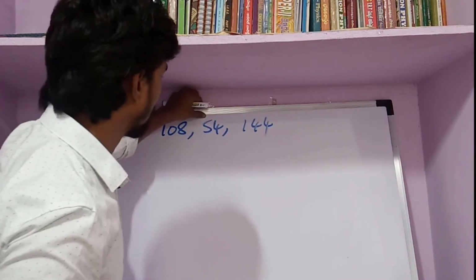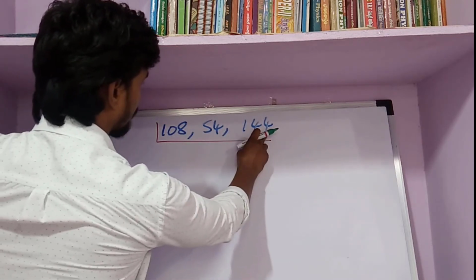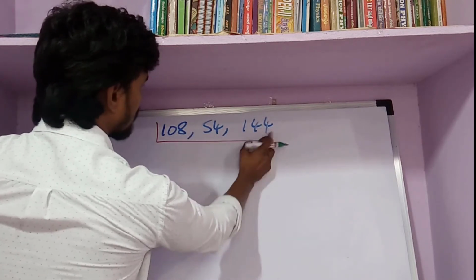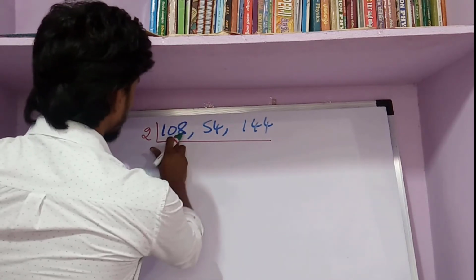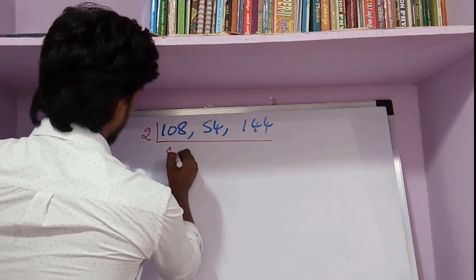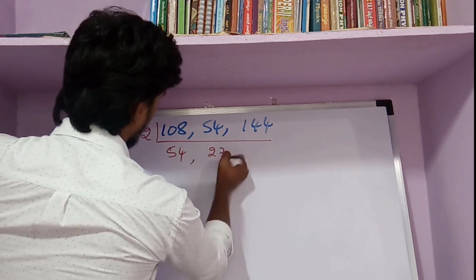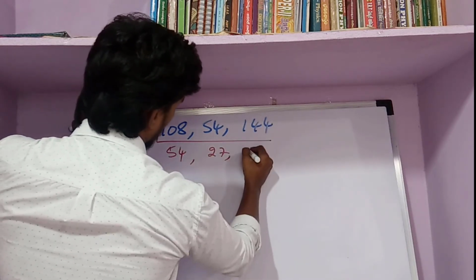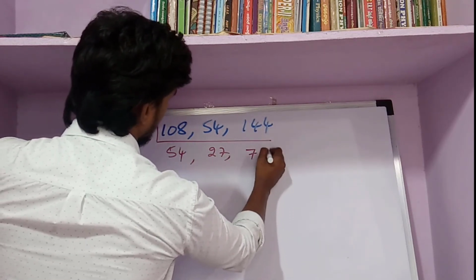Now take one more example by taking the three numbers 108, 54 and 144. These numbers are divisible by 2. Now take 2. So 2 divides 108 and the result will be 54. Similarly, this is 27, and this number is 72.